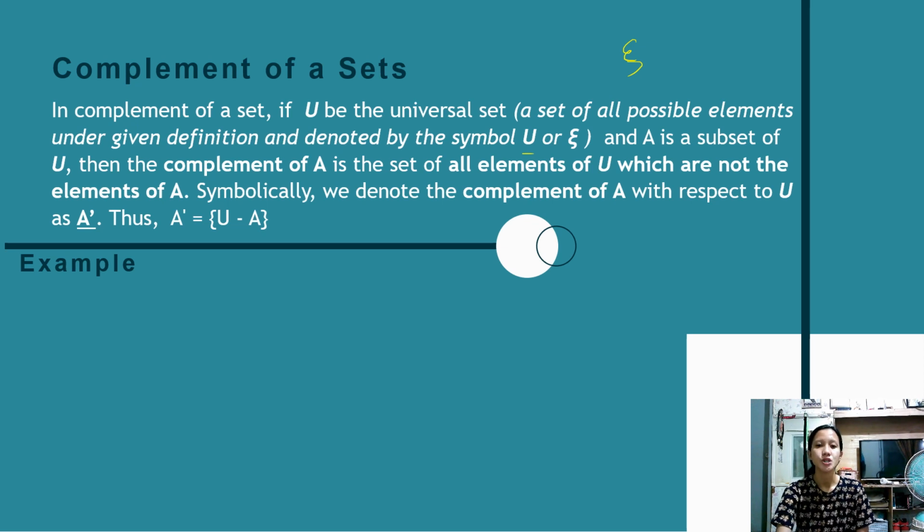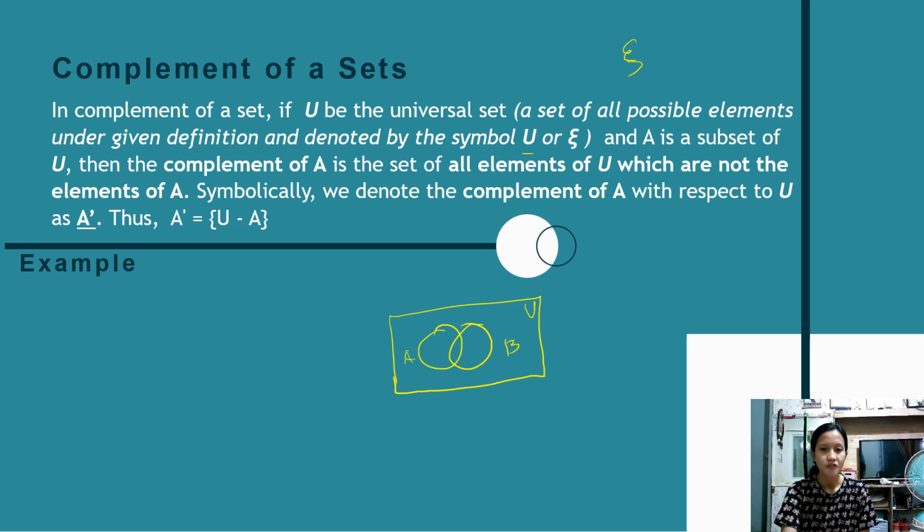When we say universal set, class, it is always represented by a rectangle, and all the elements are inside that rectangle.